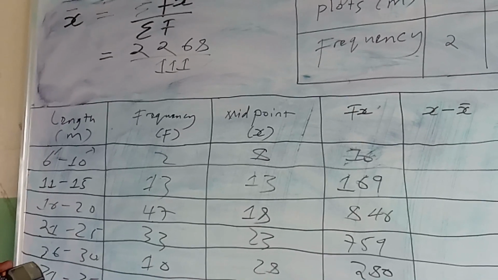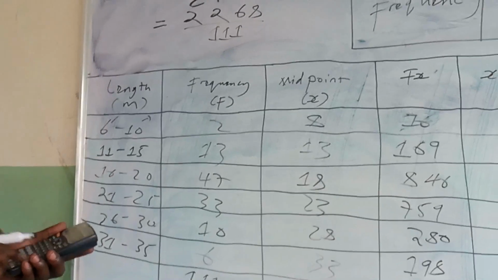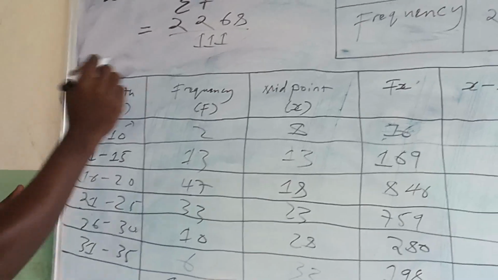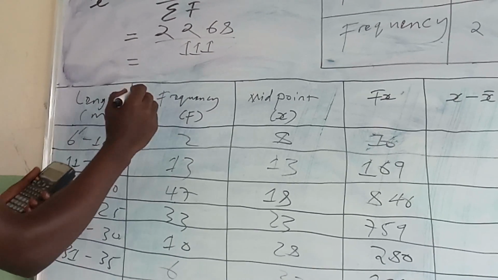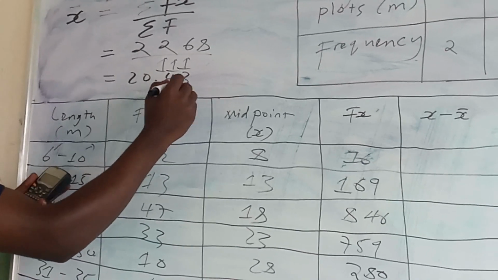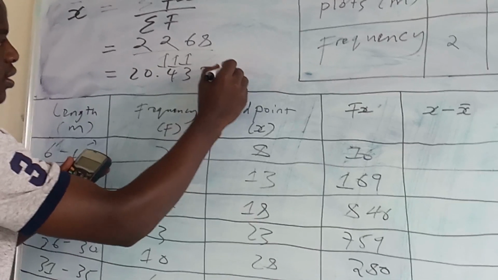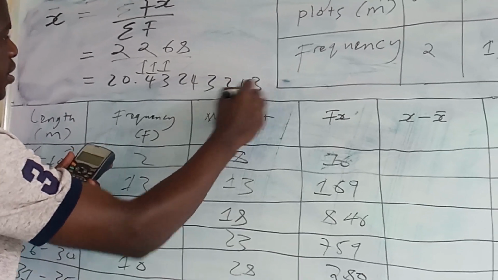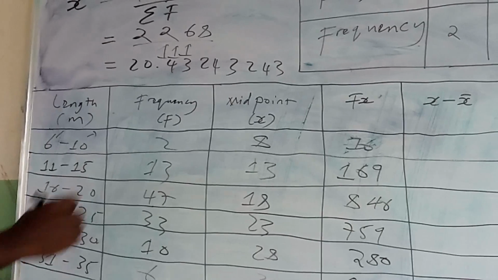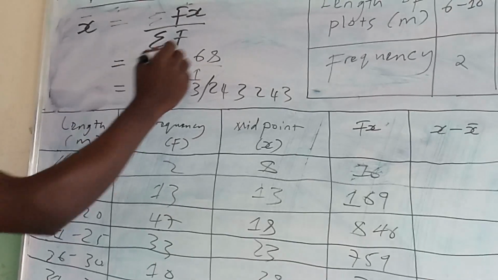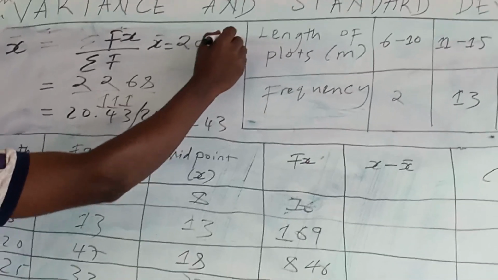So 2268 divided by 111 gives 20.43243. If I round off to 2 decimal places, my mean will be equal to 20.43.